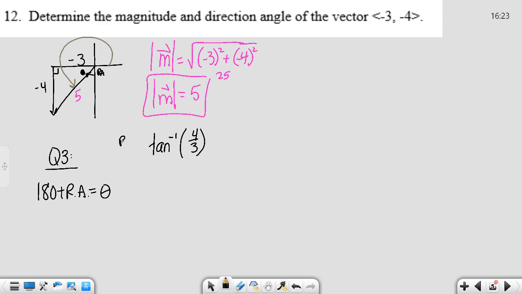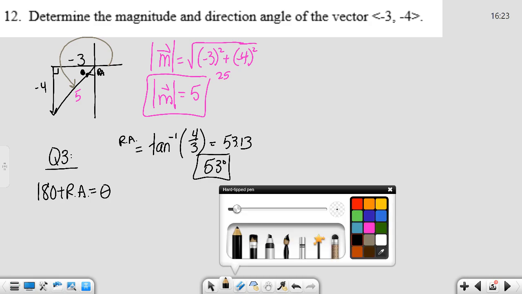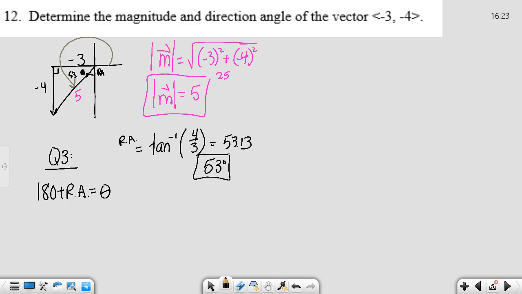Okay, so reference angle is tangent inverse of that value, which is about 53 degrees, 53.13. So we're going to round it to 53 degrees, keep things easy. Again, that's only this little piece. This little section is 53 degrees.